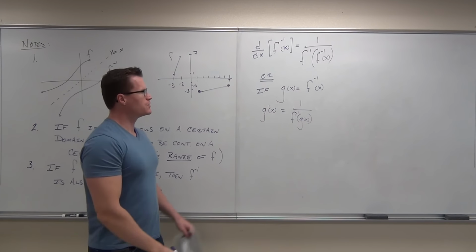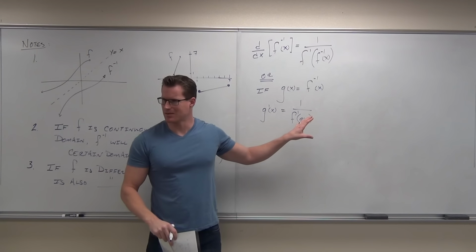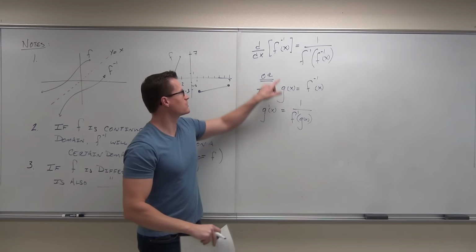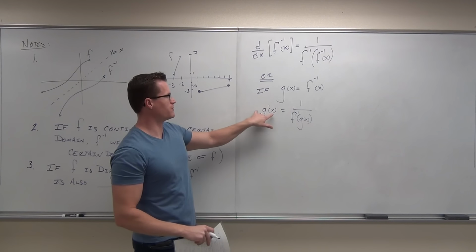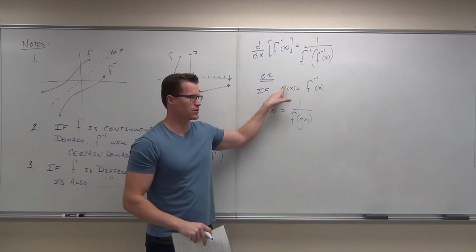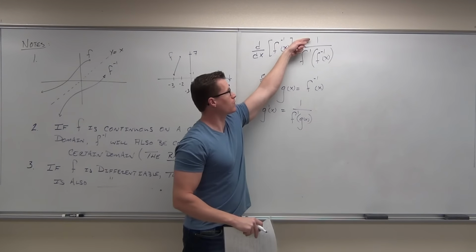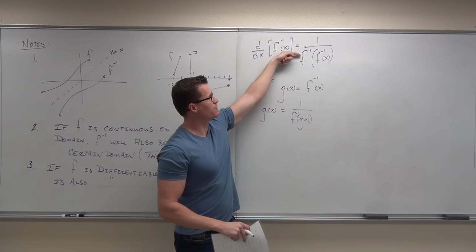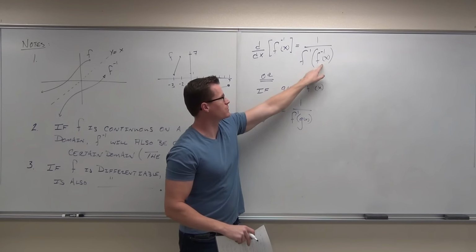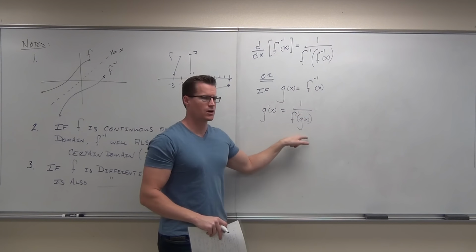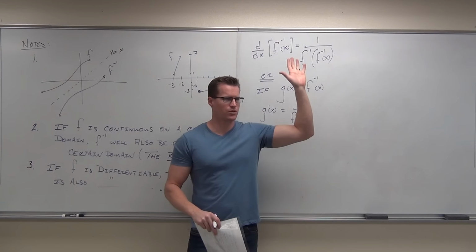Do you guys see that the notation is saying the same thing here? Here's the derivative of the inverse, here's the derivative of the inverse. The derivative is 1 over the derivative of f, with the inverse composed into it. Show of hands if you feel okay with that.